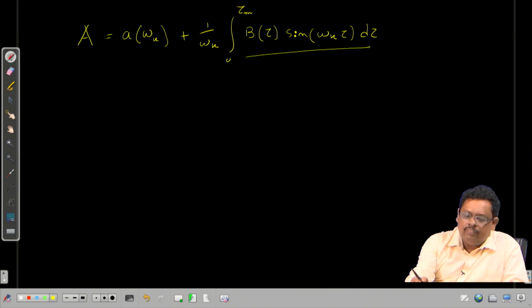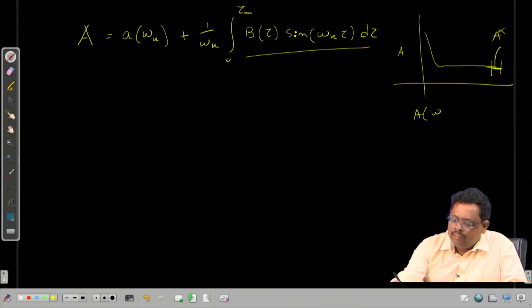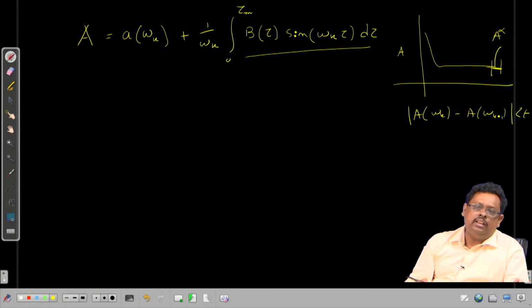Now, how to perform this? It is very simple: I do that for each omega k and I see the graph. When I can see this graph is constant, that time I call it my A infinity, because if you take the modulus of A at omega k minus A at omega k minus 1, it is less than some epsilon, which is my choice, fine.